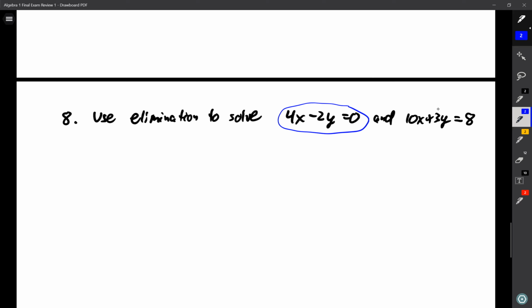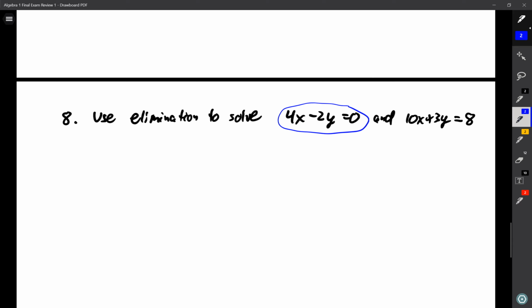But we don't have that: neither do any of our coefficients match each other, nor is one of the x coefficients or y coefficients a multiple of the other.